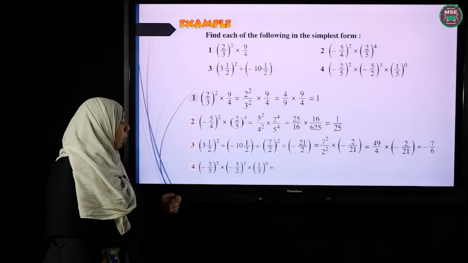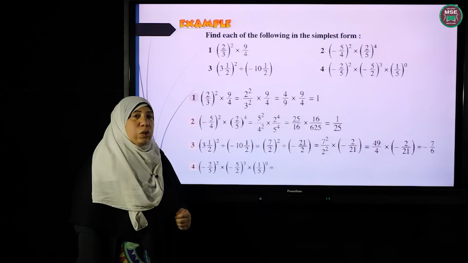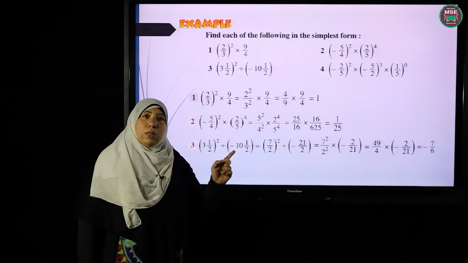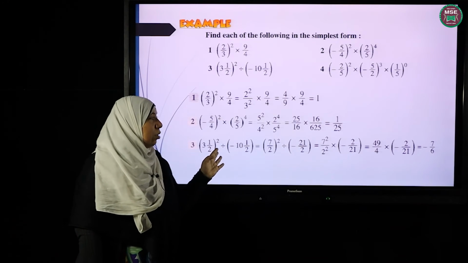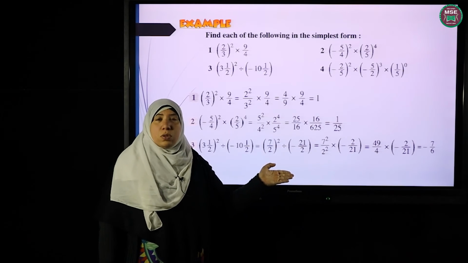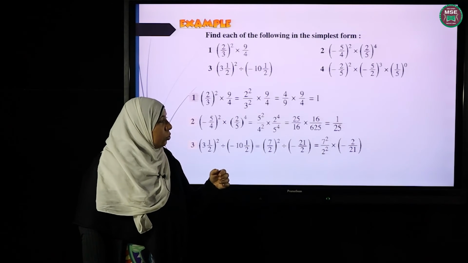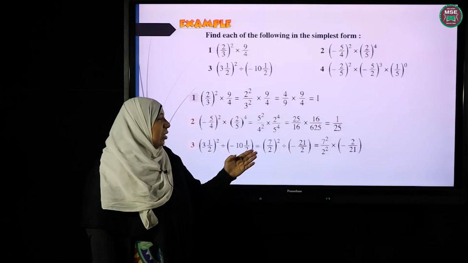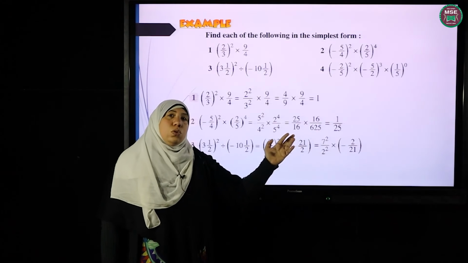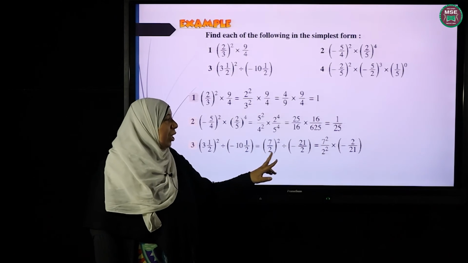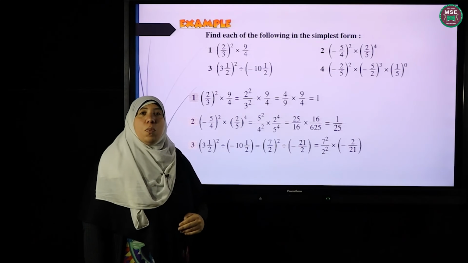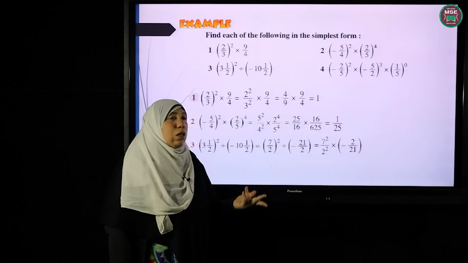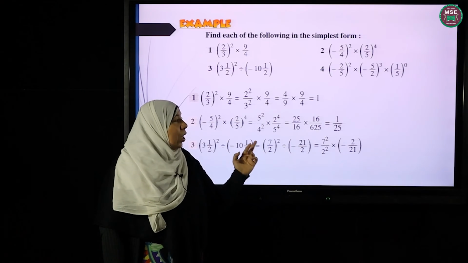Number 4, and the last example, negative 2 over 5 raised to power 2 times. Yes, there is something I didn't say in the last example. It's dividing. Change it into times. Why? Back to this step. You have studied in the first term that to change the divided operation into times operation, we find the reciprocal of the number after the division. Or I will change the number after the dividing symbol upside down.